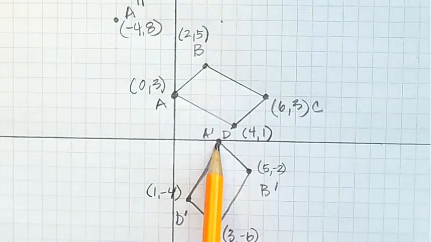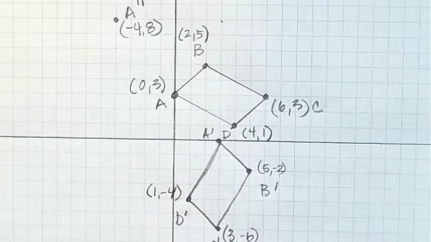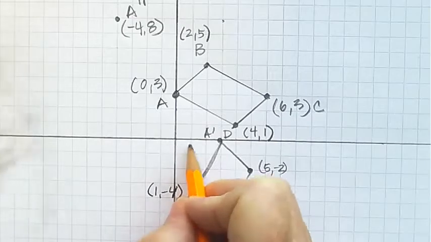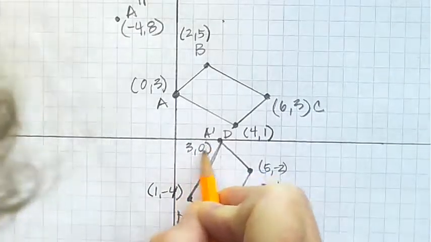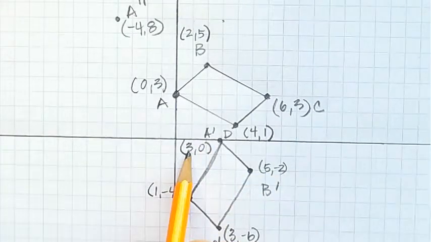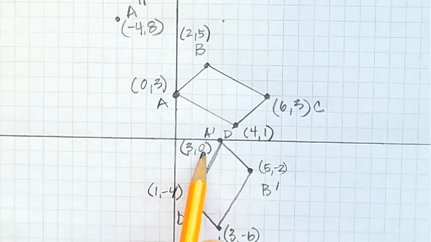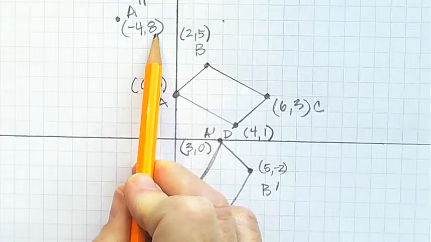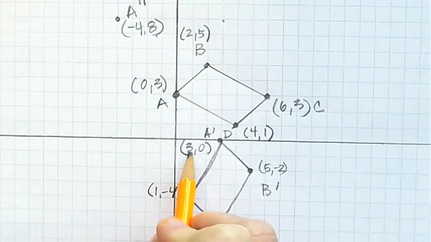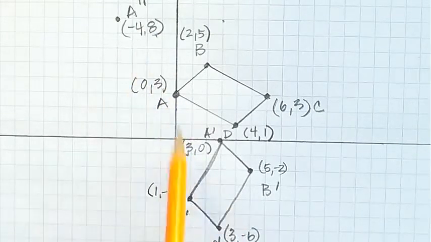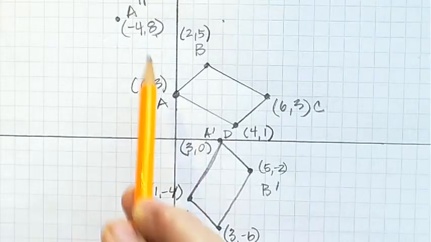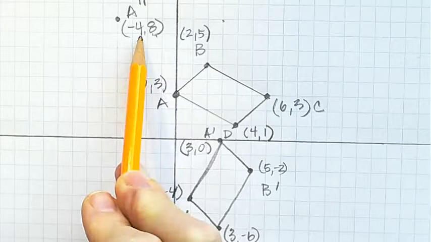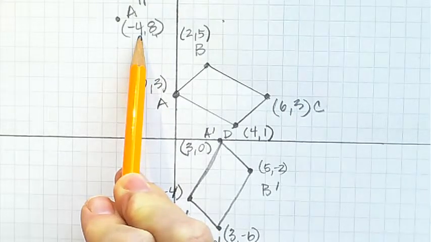Look at the coordinates of A prime, which was 3, 0. If I move that up 8, the y coordinate went from 0 to 8. The x coordinate went from 3 to -4. Isn't 0 plus 8, 8? And isn't 3 minus 7, -4?